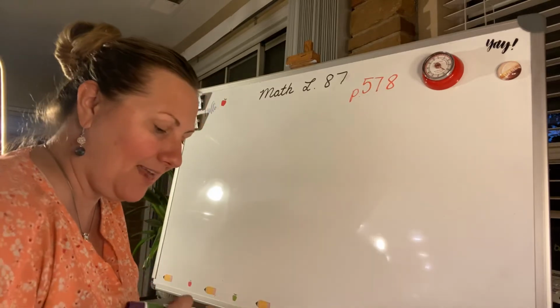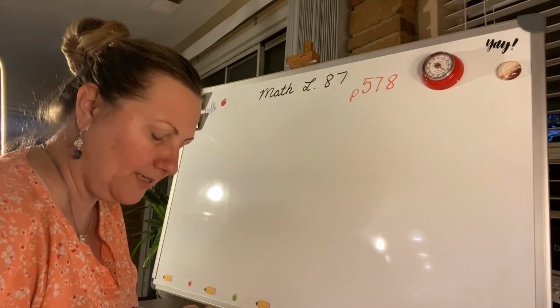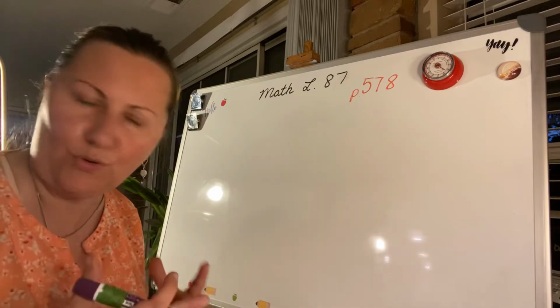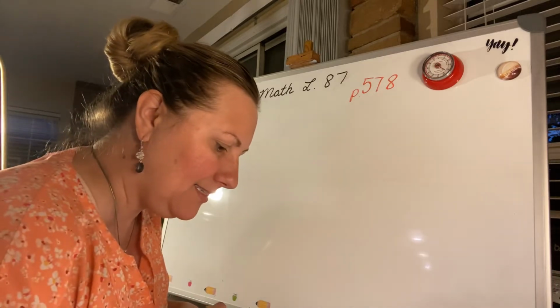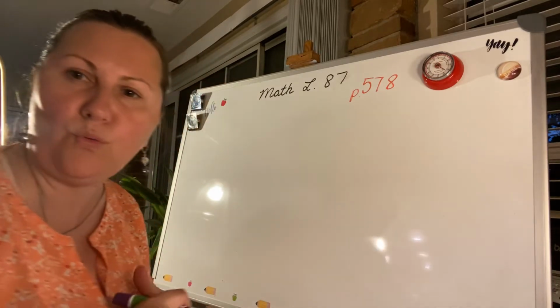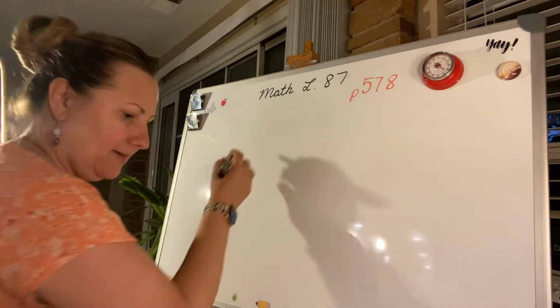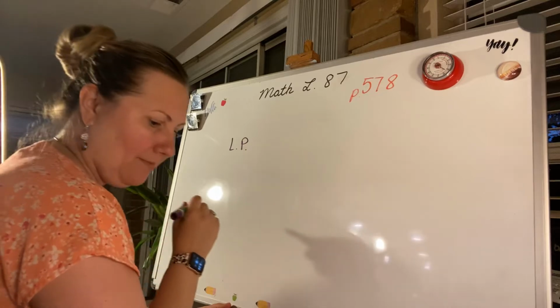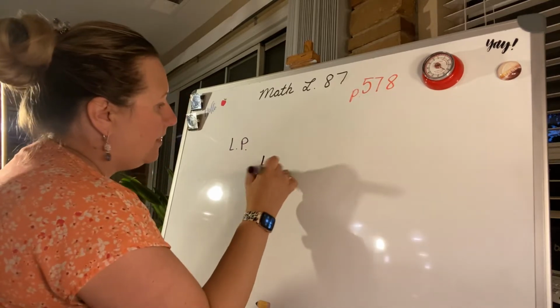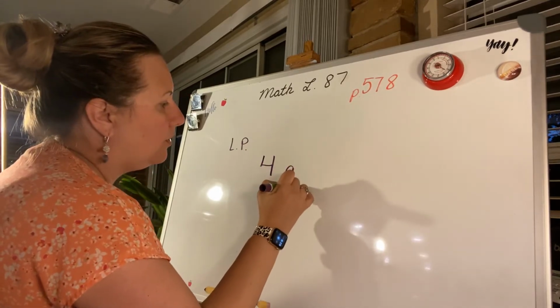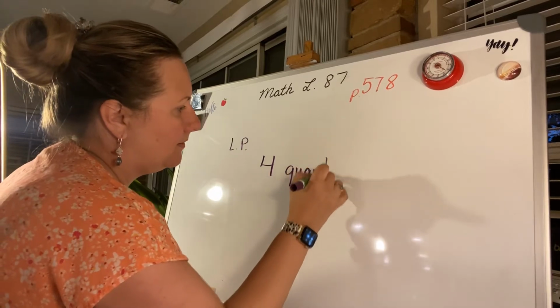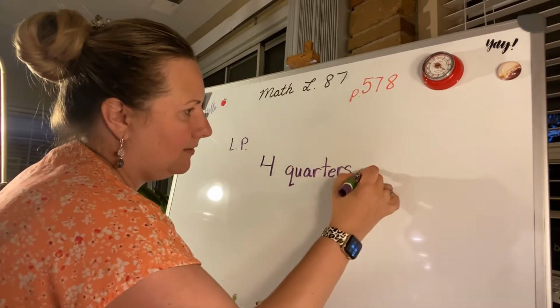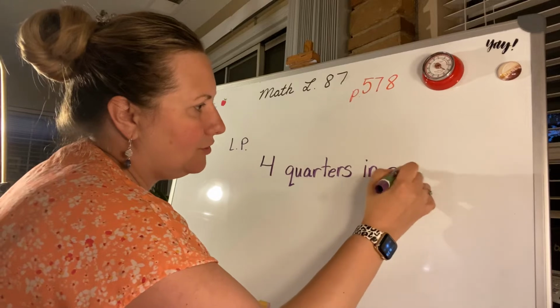So this person, Tendai, found 31 quarters in his bank. That sounds like a total, doesn't it? And it says he made stacks of 4 quarters each. So that tells me in our next lesson practice problem that we have 4 quarters in each stack.